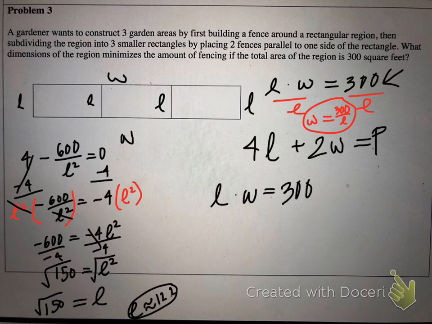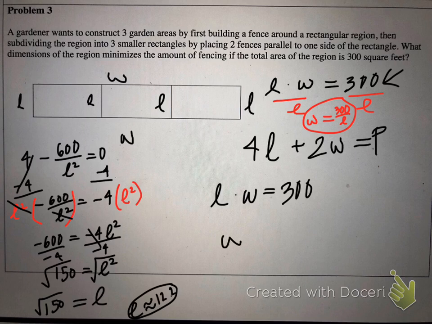Okay, so for this one, I wrote down the equation that we're going to plug it in. However, we can also plug it into this formula in red, this one right here. Because remember, they're both the same thing. It's just that we're moving things around.